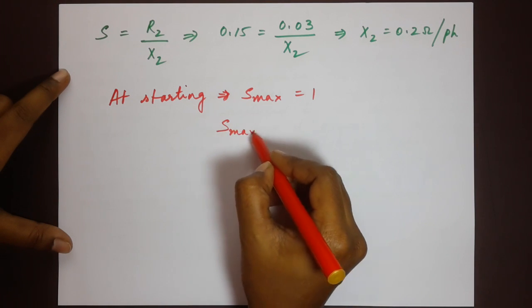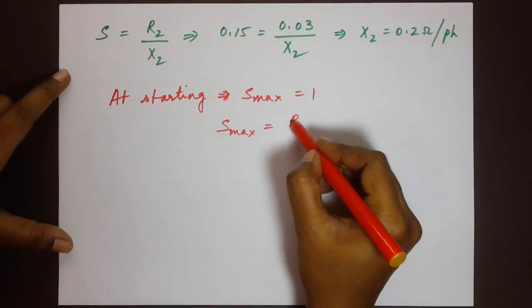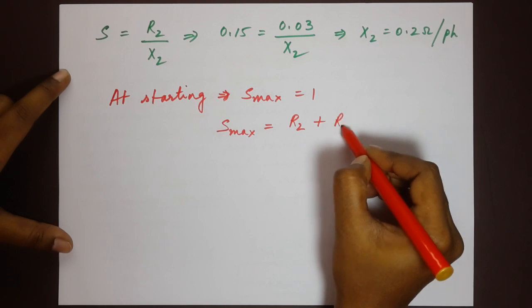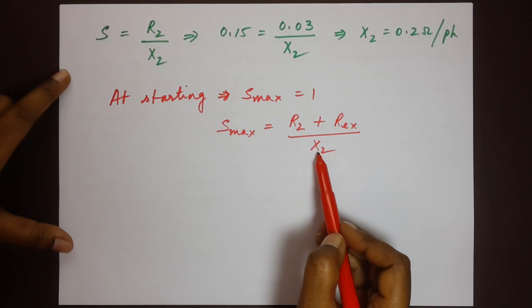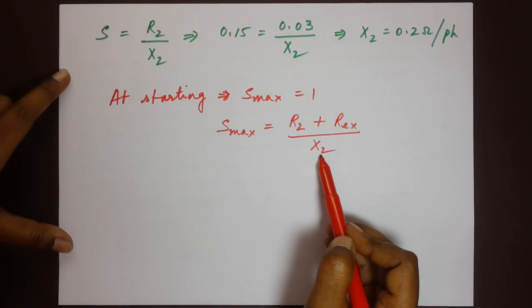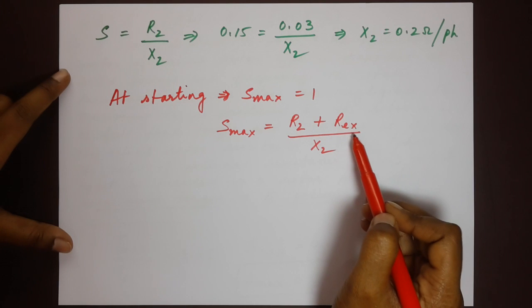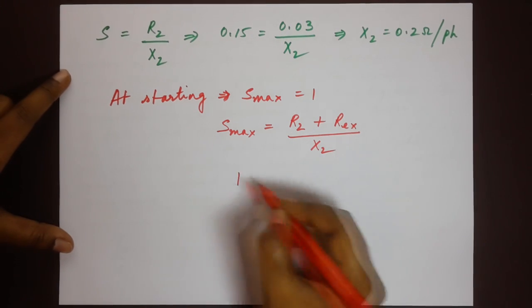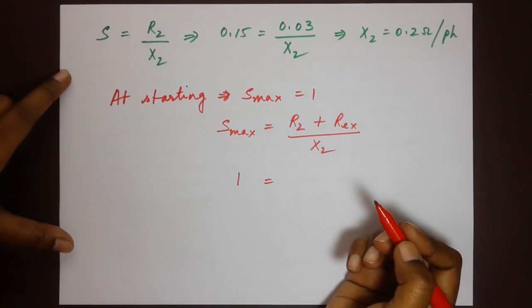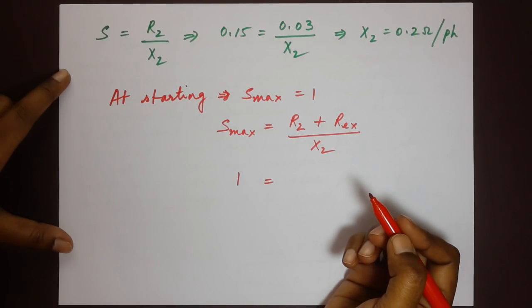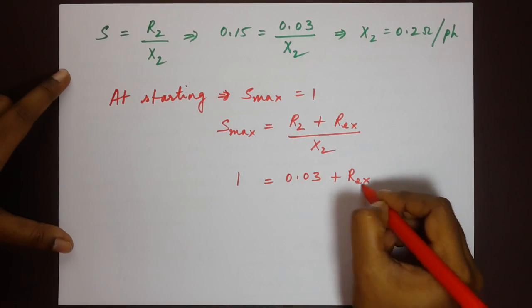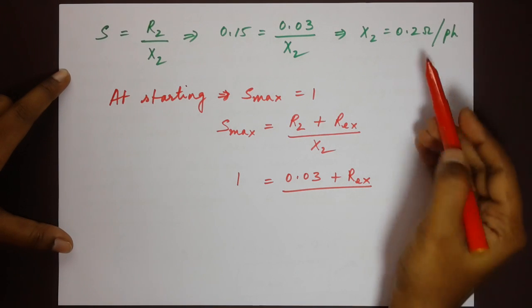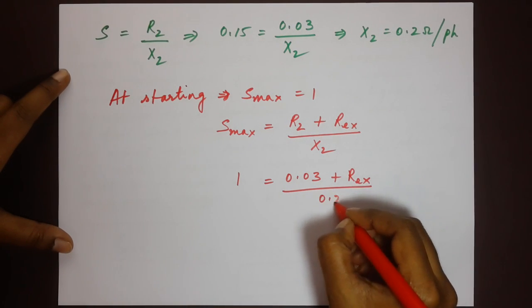Now S max, the ratio, would become R2 plus an external resistance divided by X2. We have the values of S max, R2 and X2. All we have to do is find out the value of the external resistance. Let's plug in the values. S max is 1, R2 is 0.03 plus R external, divided by, we found X2 to be 0.2.